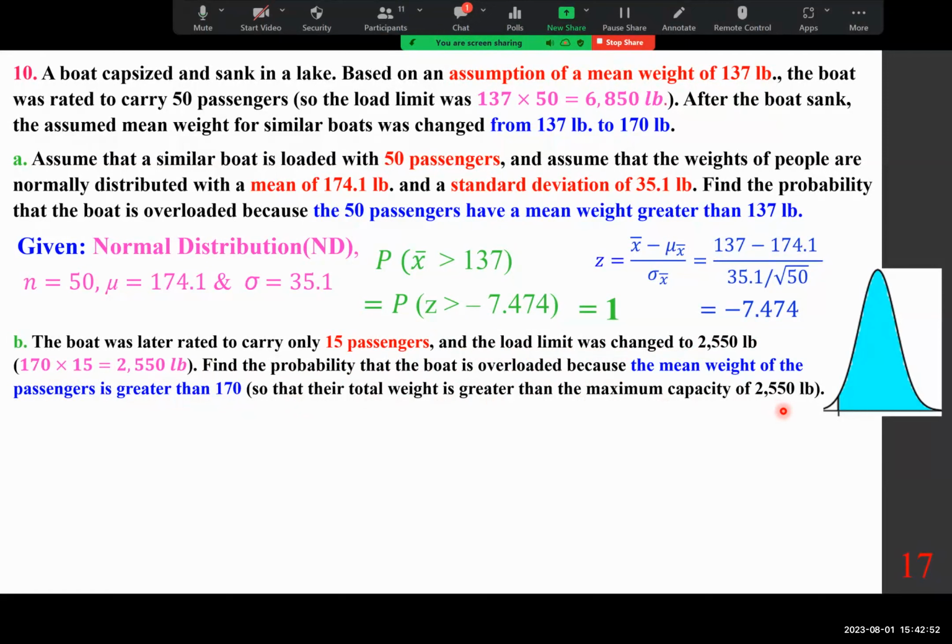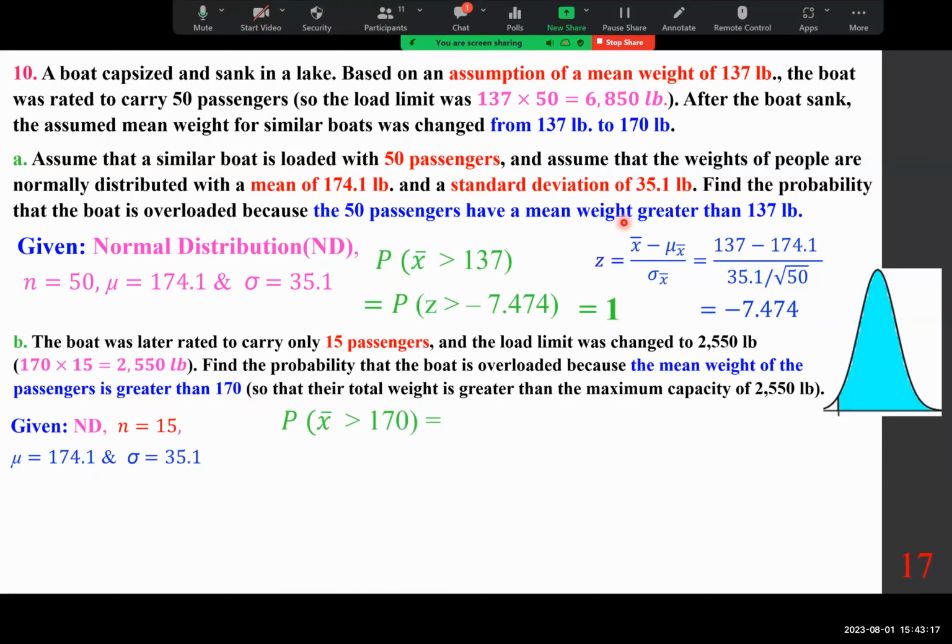That's really the concept. So again, it's a normal distribution with the same situation, but this time, the same as this one, this time N is changing to 15. So we repeat the same thing, but we are changing N to 15. And of course, they want to go with number 170. Over here, we are changing this one, probability of X bar larger than 170.